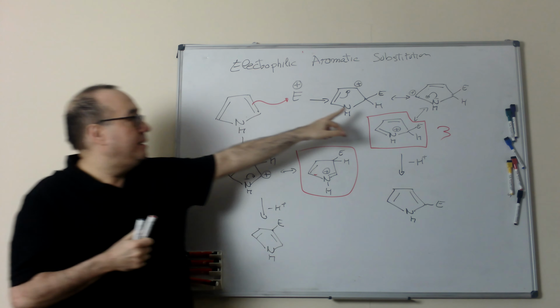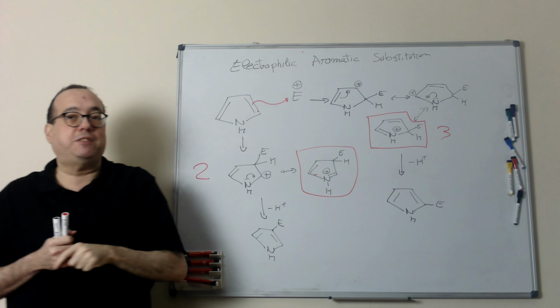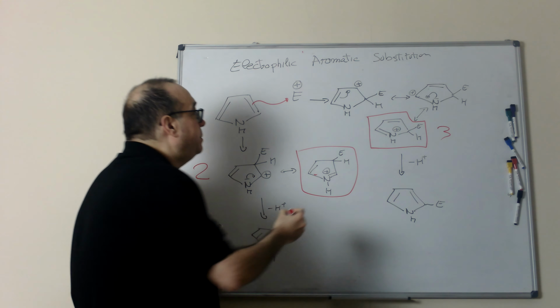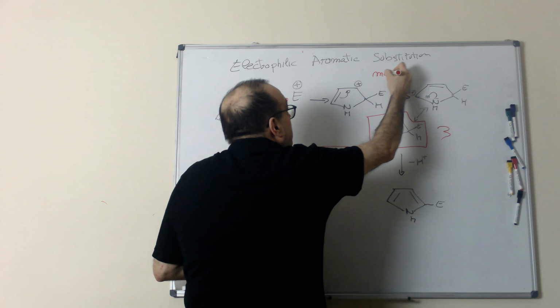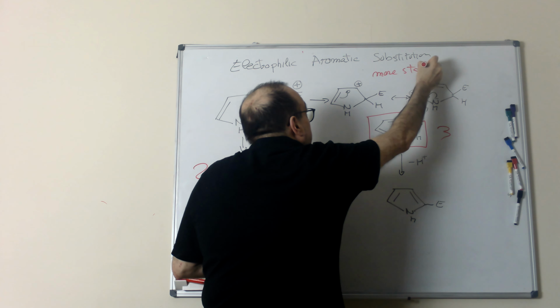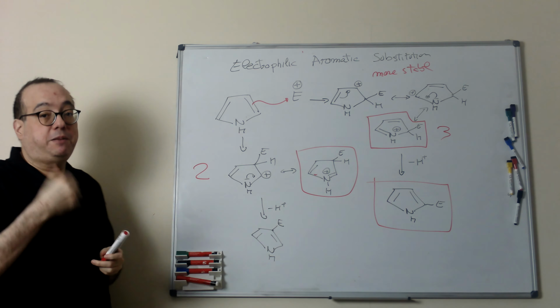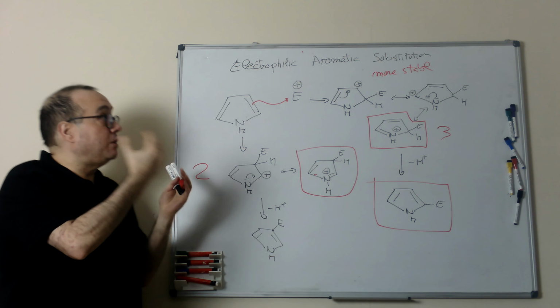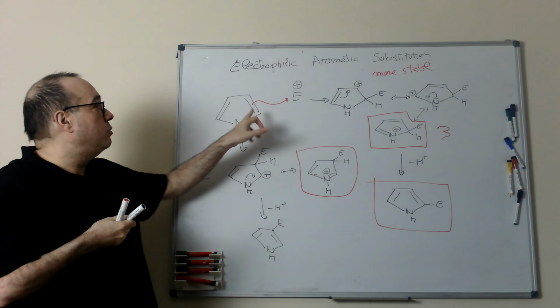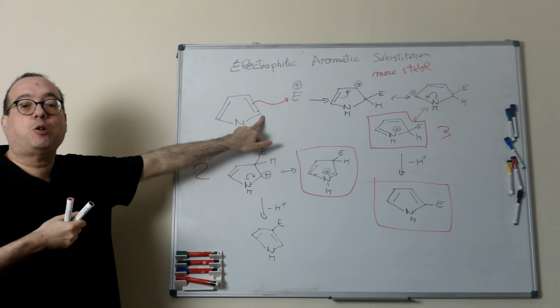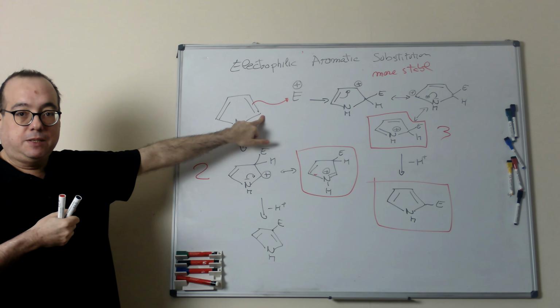If we do the attack in C2, we get three resonance structures. That means this will be more stable. This will be the preferred product. That means the electrophilic aromatic substitution will go to the C2 position in the case of Pyrrol. Okay?